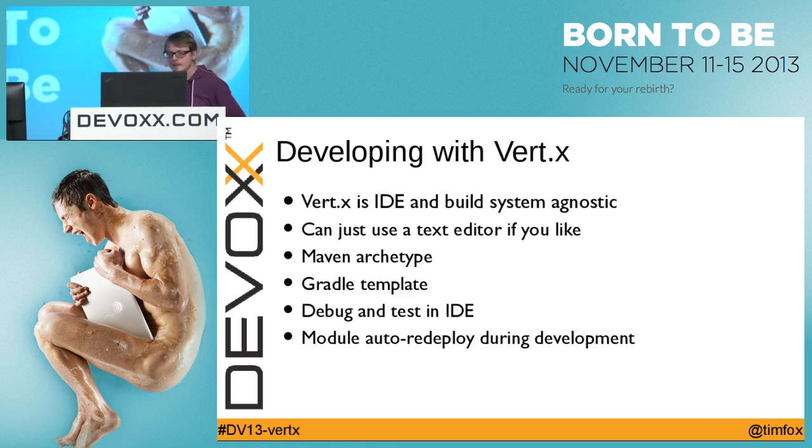We have a Gradle template in GitHub. You can clone that, and you have a Gradle module project that you can get started with immediately. We also spent quite a lot of time working on transparent debugging and testing of verticles, especially in IntelliJ IDEA and Eclipse.